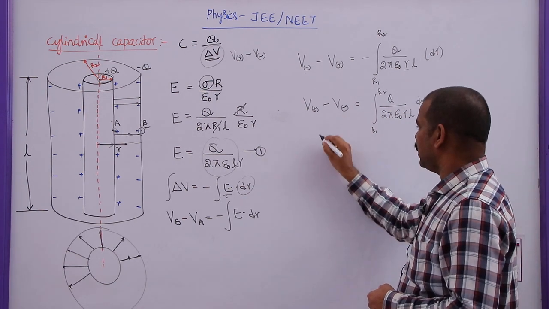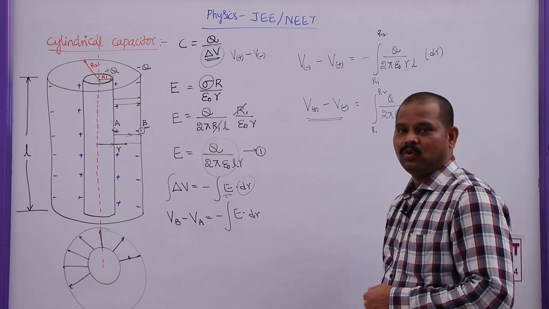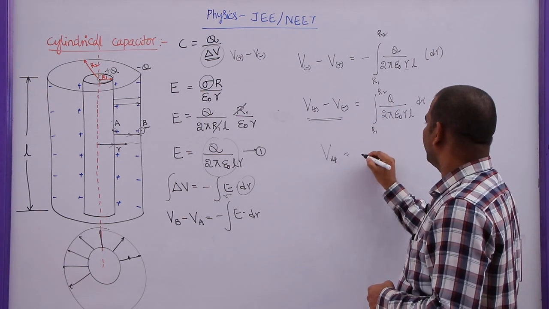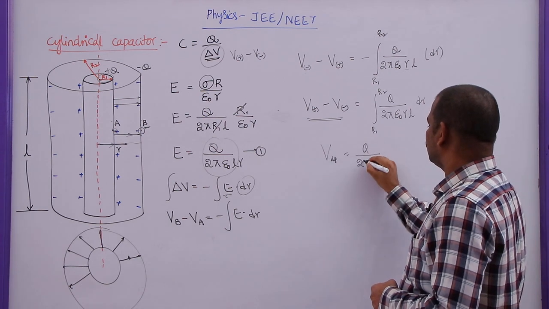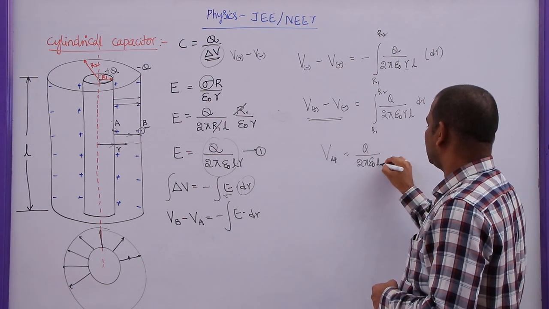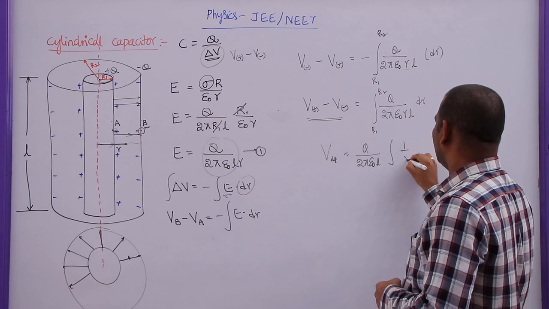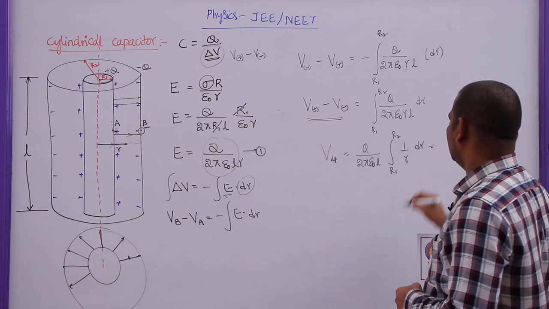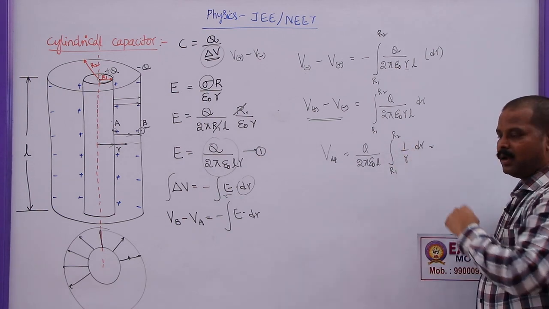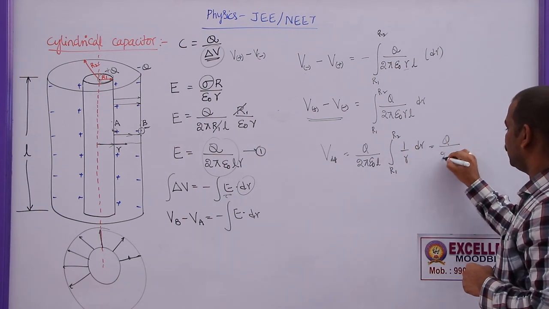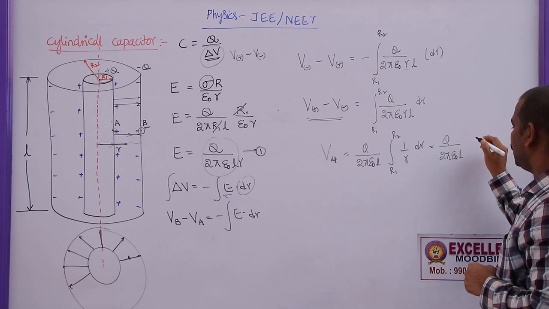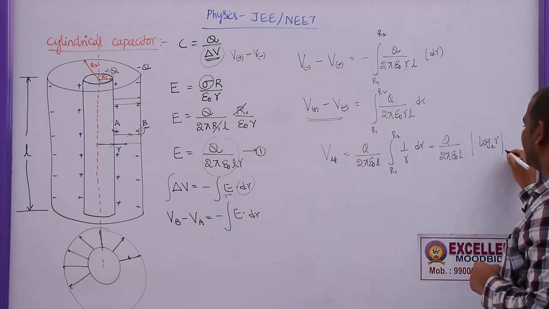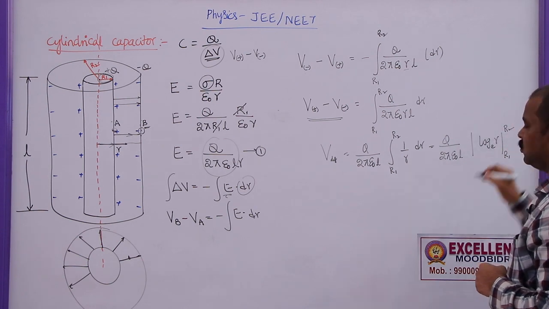So, this I am going to write as the potential difference between the two cylindrical surfaces. V difference is given by Q constant, 2 pi epsilon naught L constant, integral 1 by r dr with limits R1 and R2. We know the integral of 1 by r is log r. So, we can write Q by 2 pi epsilon naught L, log r to the base e with limits R1 and R2.